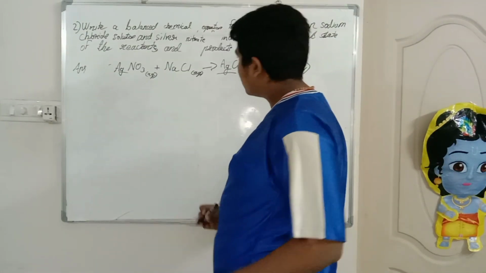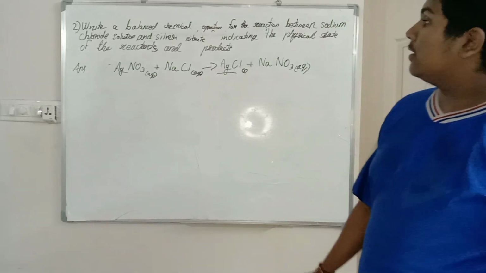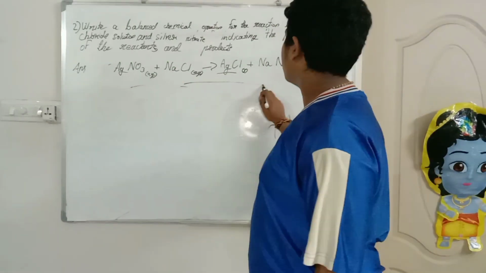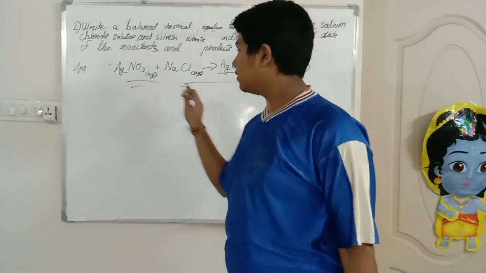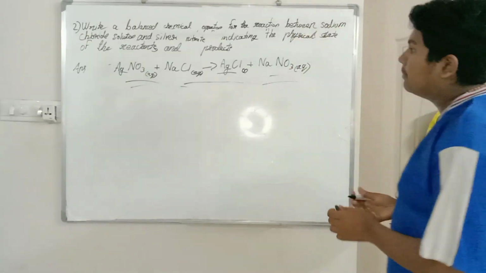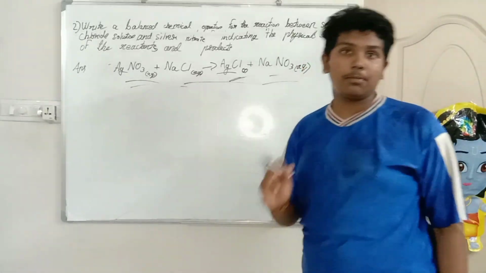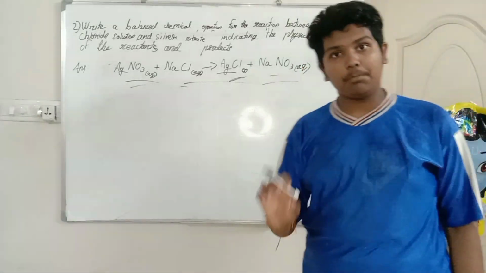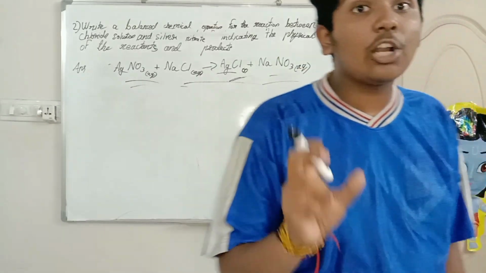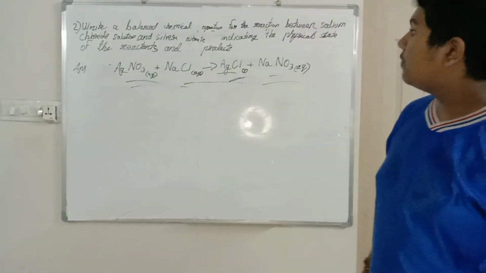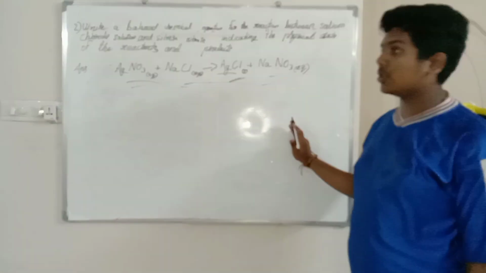How, you ask? This is a double displacement reaction, because this one became a white precipitate, an insoluble substance formed during this reaction.